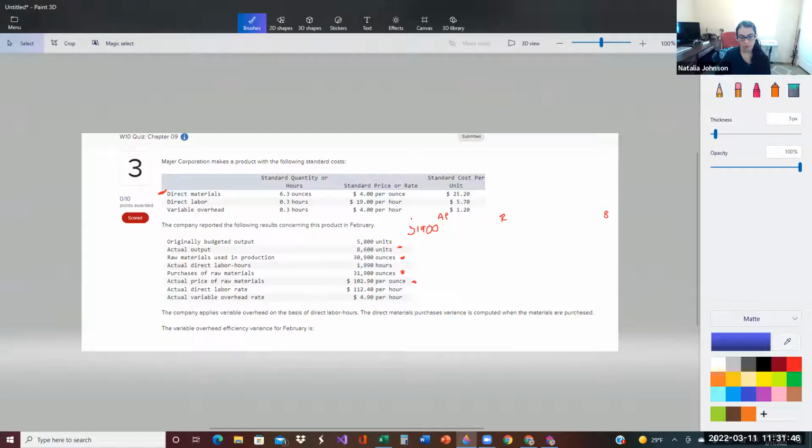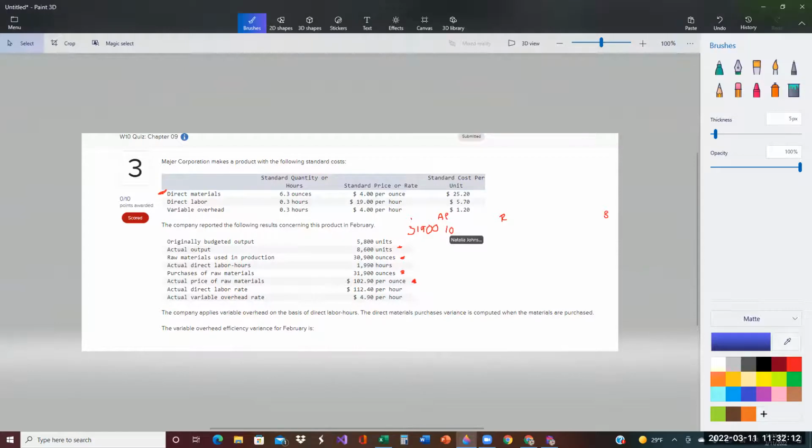Do we know? What about this one? Actual price of raw materials per ounce. Yeah, that one is per ounce. I thought it was gonna be total. So 102.